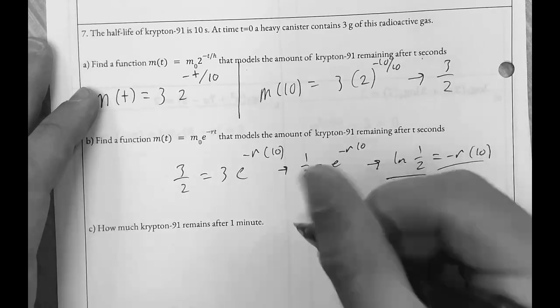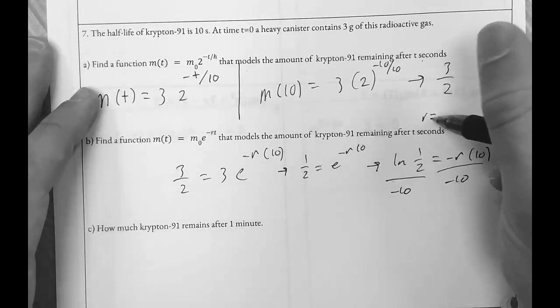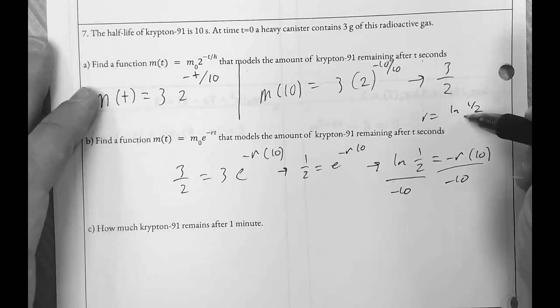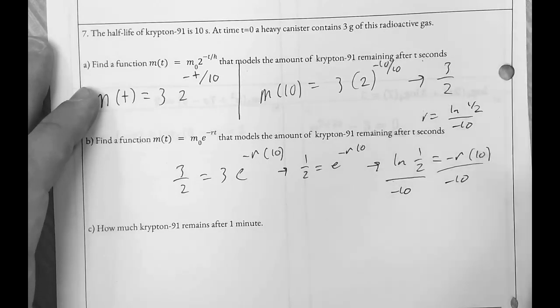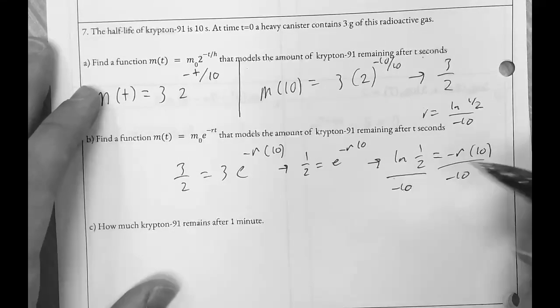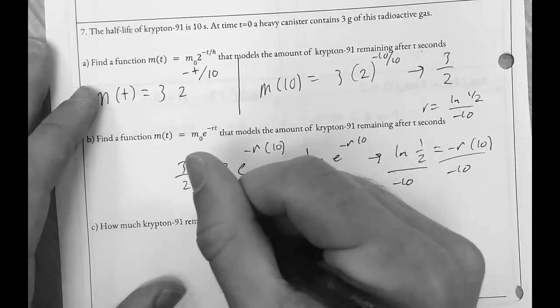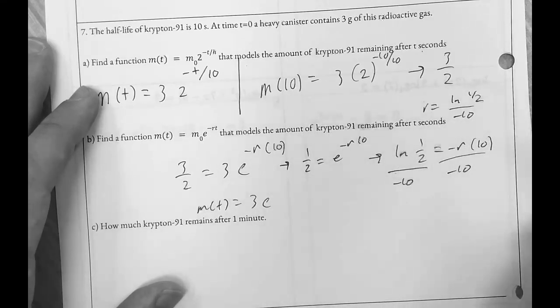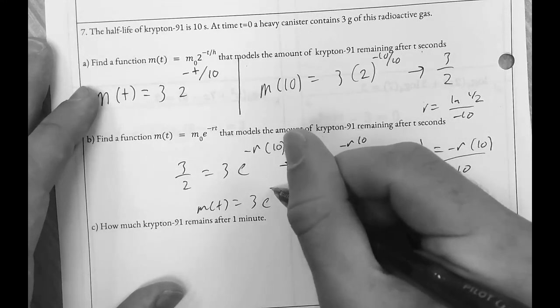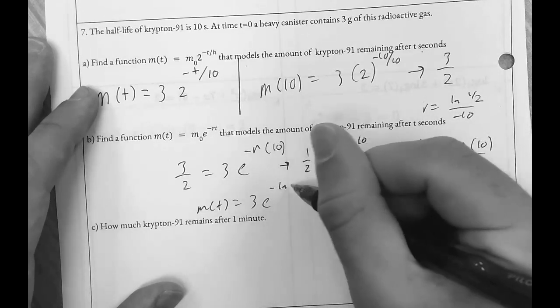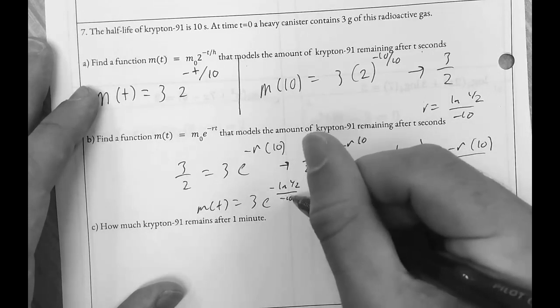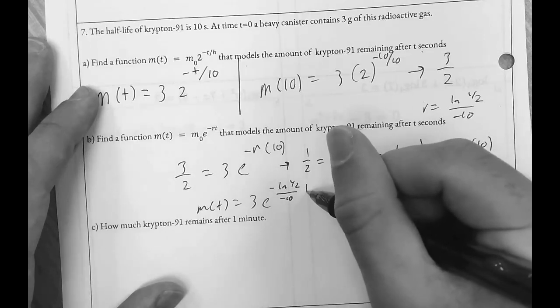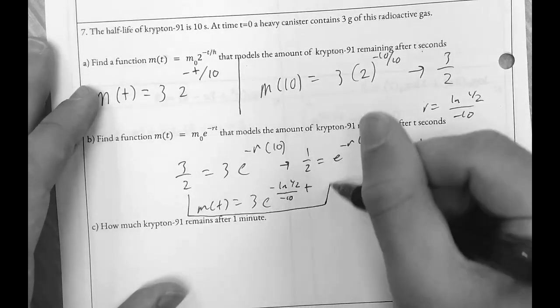And that would get us our r. So r equals ln 1/2 over negative 10. Then when I plug this into my equation, it's going to be m of t equals 3e to the negative ln 1/2 over negative 10 times t. So that's it being rewritten.